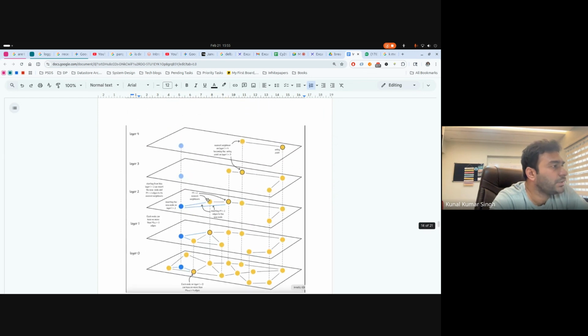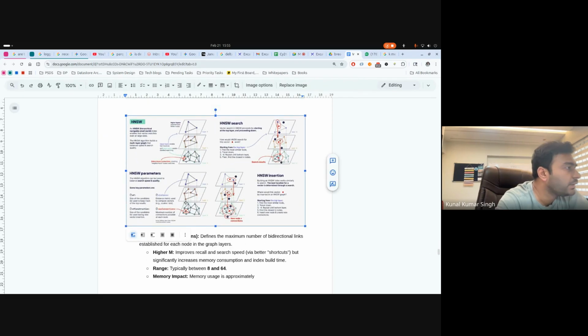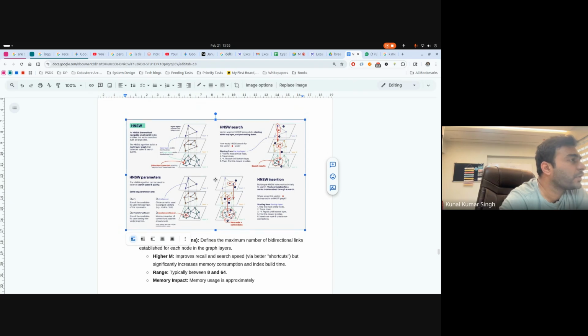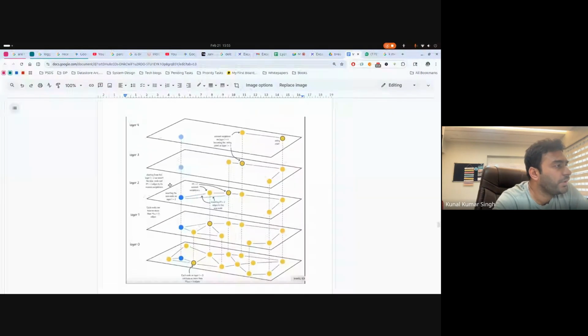So let's say whatever layer we chose, right? At that layer, this is covered here. Let's say we got layer 2 where insertion should happen, right?